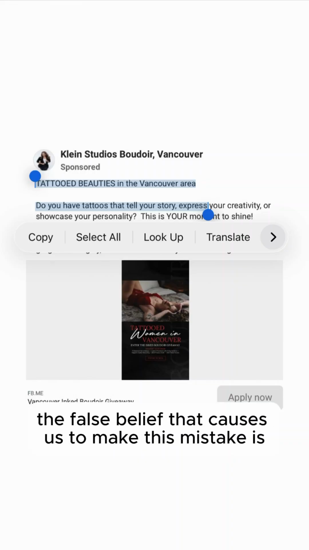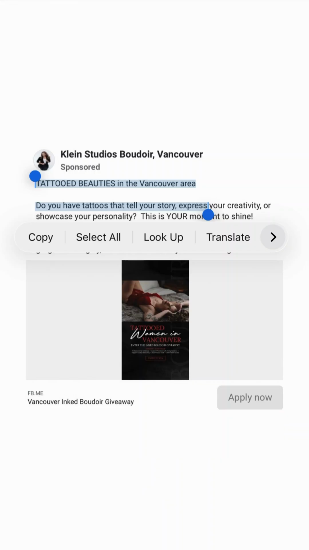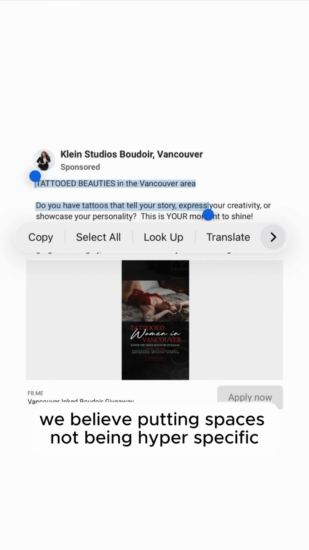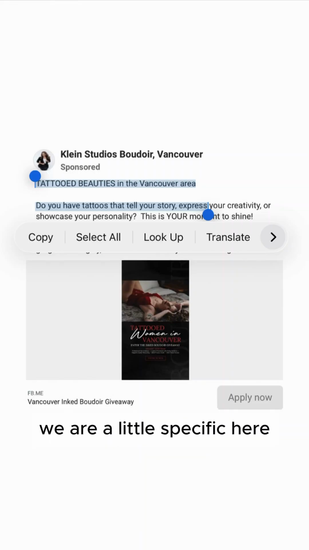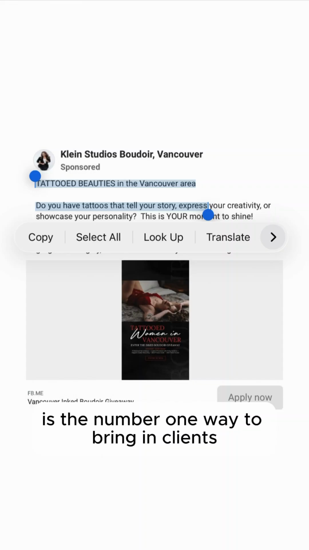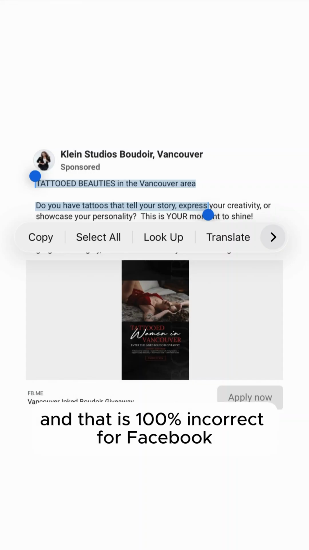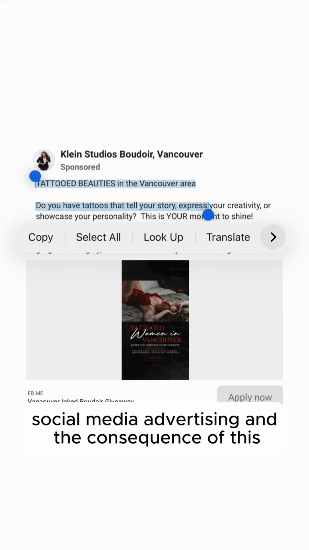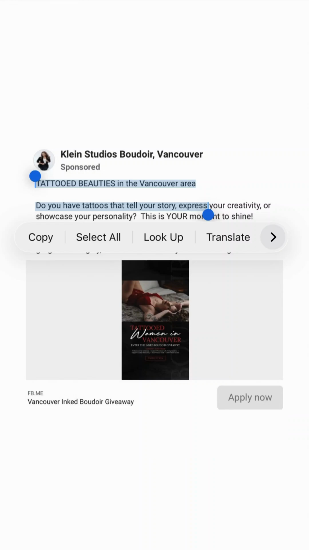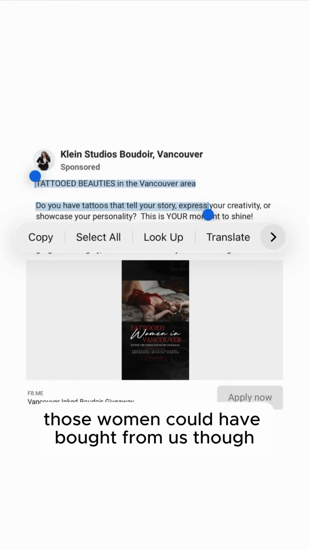The false belief that caused us to make this mistake is that we believe putting spaces, not being hyper specific into who we're speaking to is the number one way to bring in clients. We are a little specific here, but that is 100% incorrect for Facebook social media advertising. And the consequence of this, way more women that could be the perfect fit for our ad are scrolling right on by. Our ad is never entering their brain. Those women could have bought from us though.